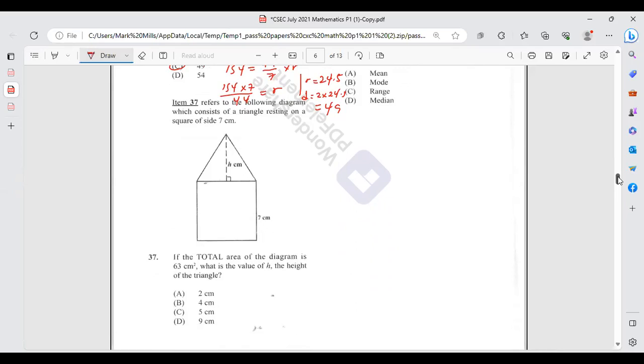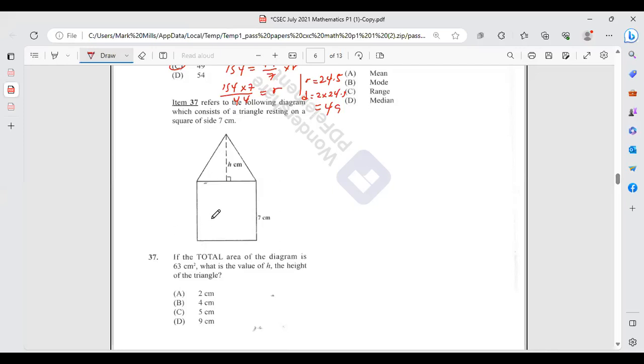37. If the total area of the diagram is 63, what is the height of the triangle? Remember that we did something similar in the previous exercise, but I realized that they changed the format.